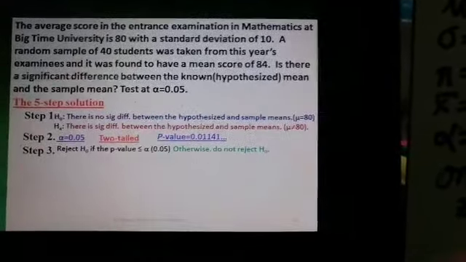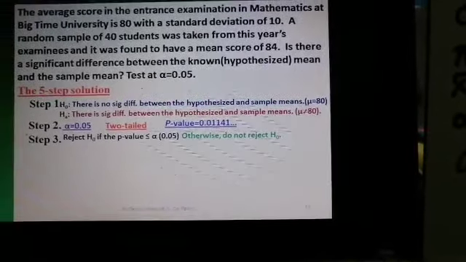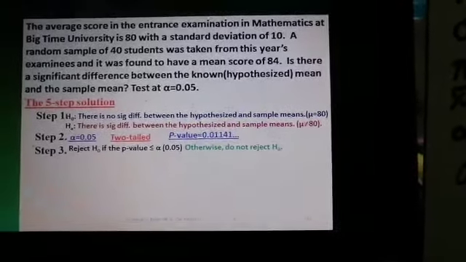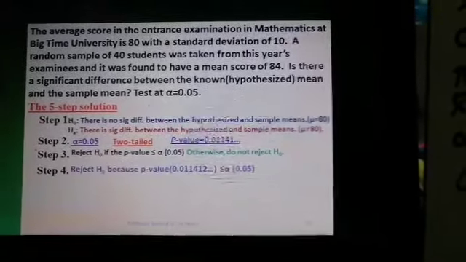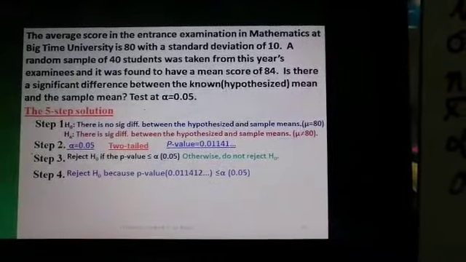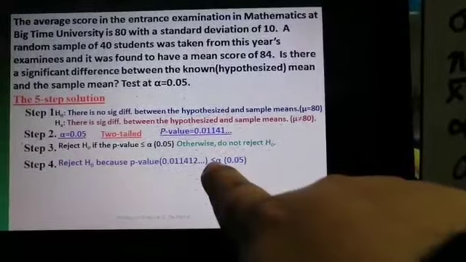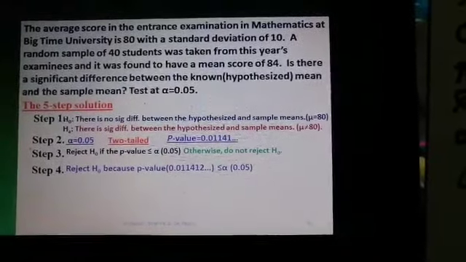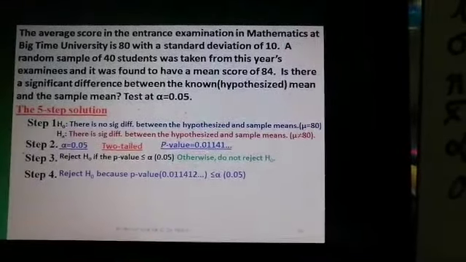The decision rule this time is a lot shorter than the decision rule we had in the critical value approach. For step 4, reject HO because the p-value is less than alpha, 0.05, because 0.01 is really less than 0.05.